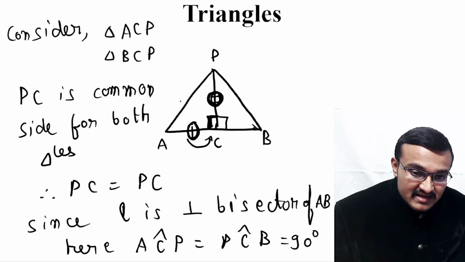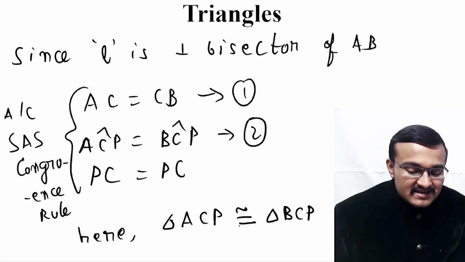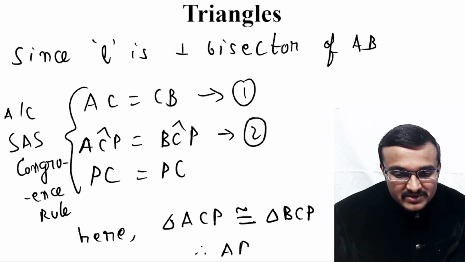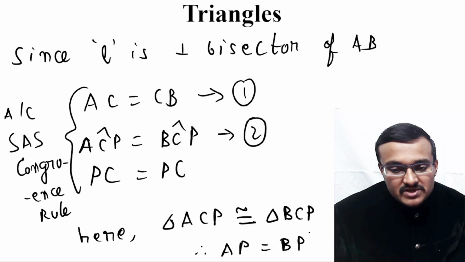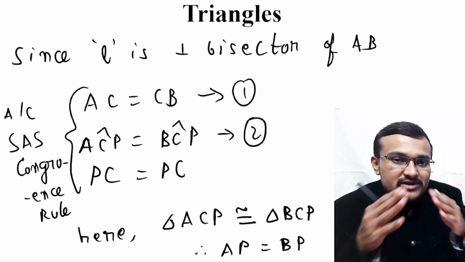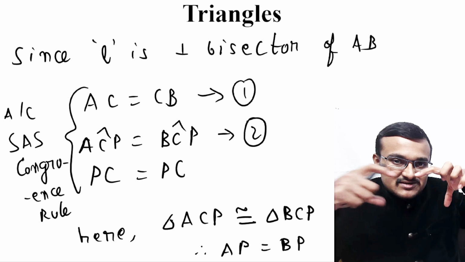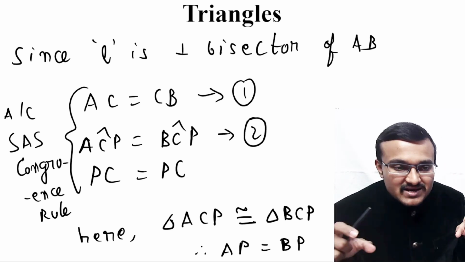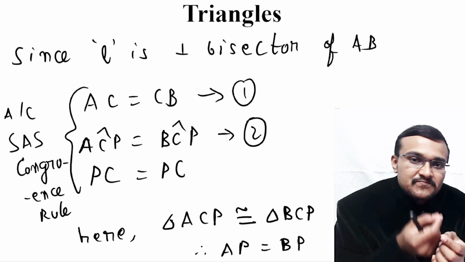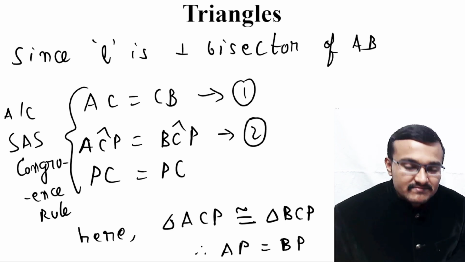So AP will be equal to BP. Because triangle ACP is congruent with triangle BCP, therefore AP is equal to BP. So we have proved that this particular point P is equidistant from point A and equidistant from point B, because AP is equal to BP. At last you can write the sentence: therefore, since AP is equal to BP, P is at equidistance from point A and point B.